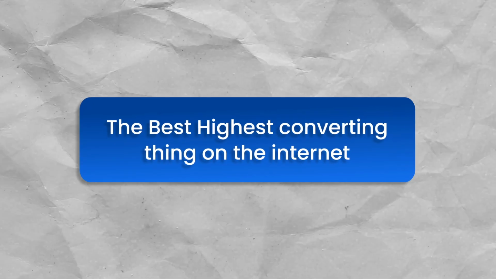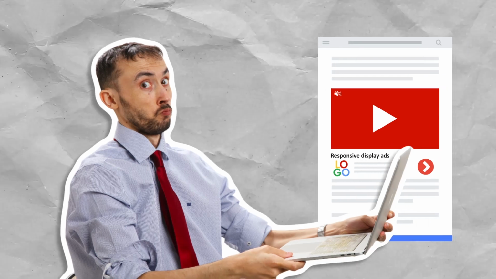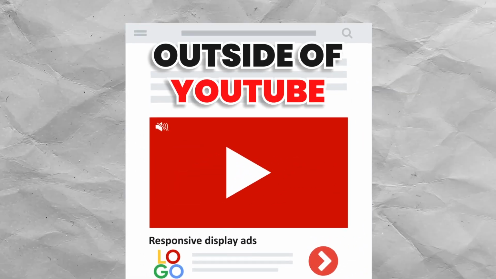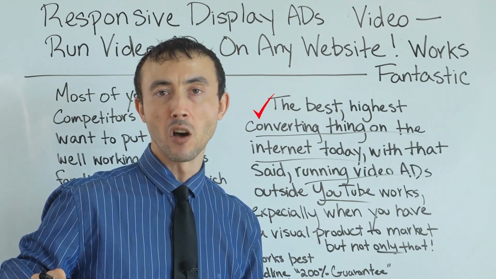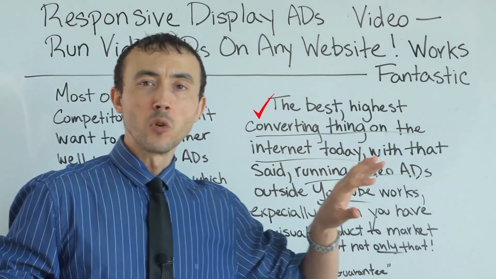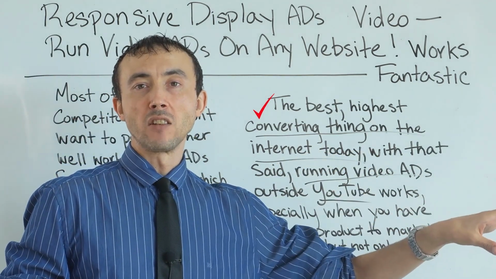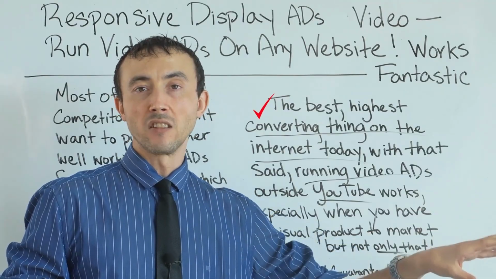So with that said, the best, highest converting thing on the internet today is running video ads outside of YouTube. Essentially it gets you so much penetration of the market that you're trying to go into when you don't have to just rely on YouTube. Now, granted, running video ads on YouTube is still the best, because you're there on YouTube to watch video.